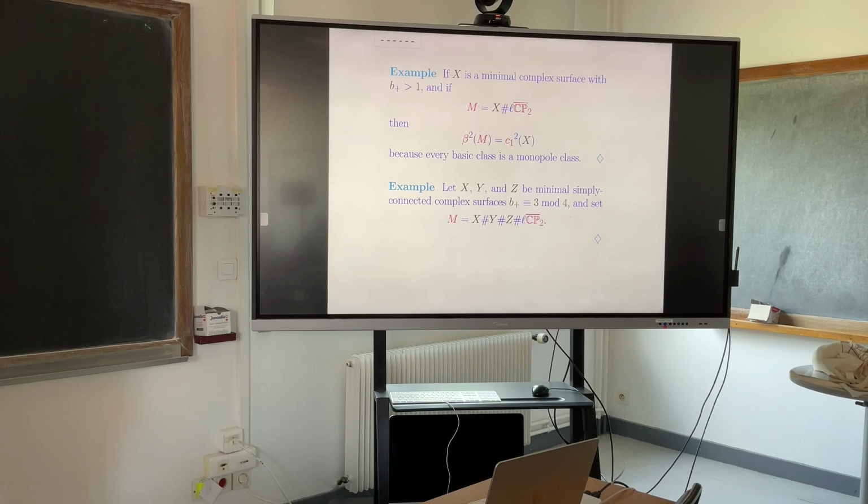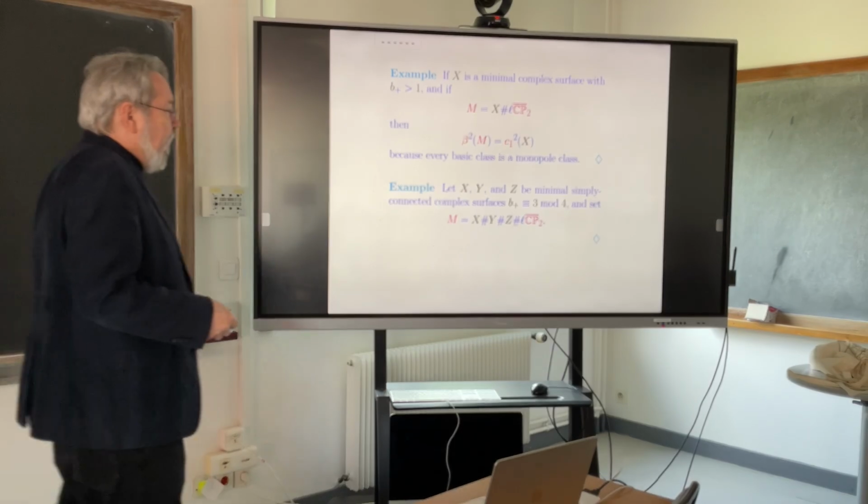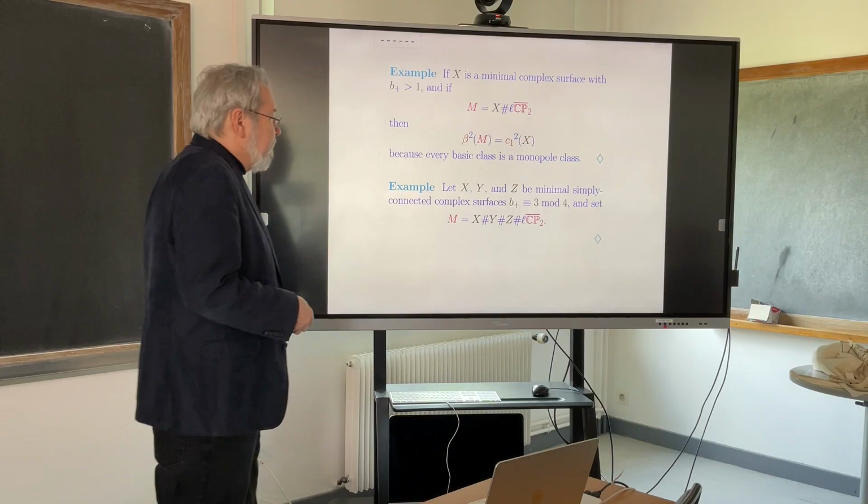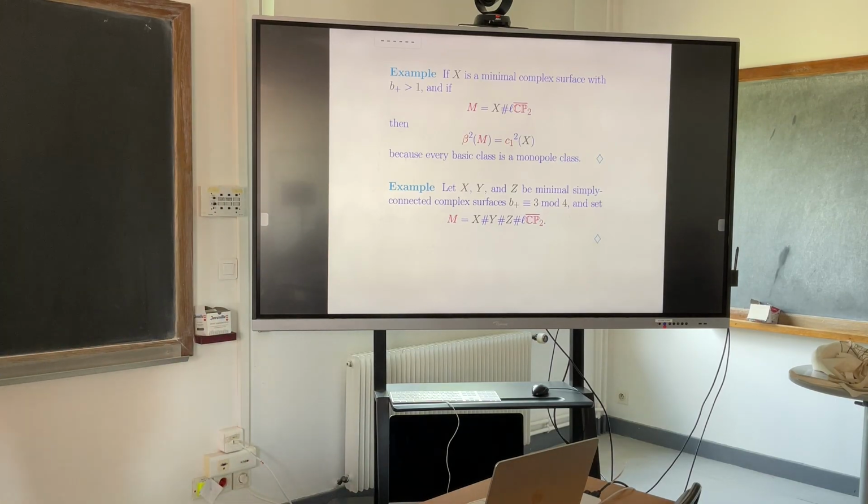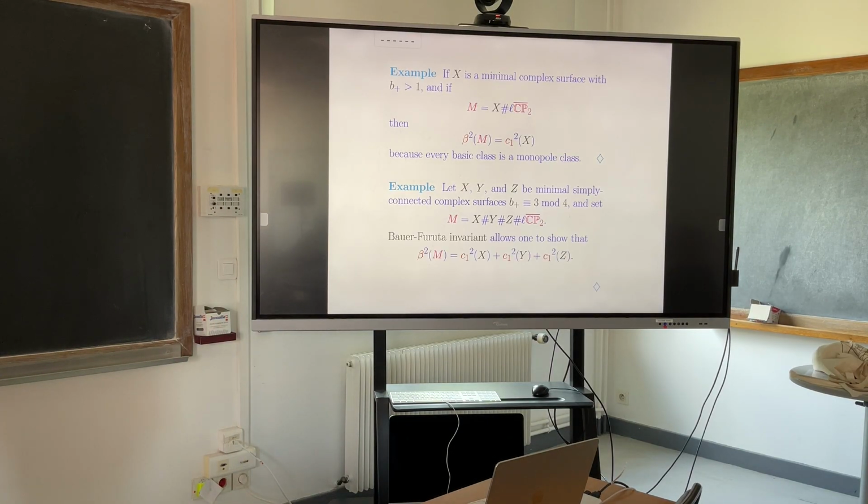So the class of manifolds that I'm going to discuss is that suppose you take a bunch of minimal simply connected complex surfaces with b plus congruent to 3 mod 4. b plus is automatically odd for all of these things, so mod 4 would be either 1 or 3. Take examples where it would actually be 3 mod 4. Take their connected sum, and then take the connected sum with as many copies of CP2 bar as you happen to want for a particular application.